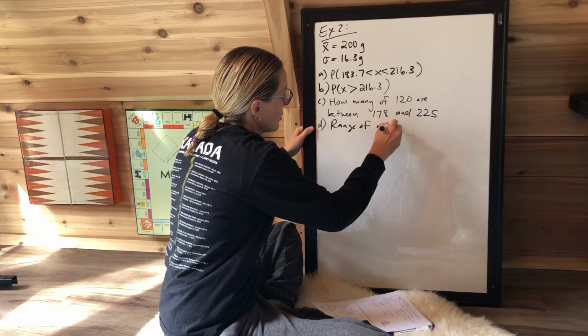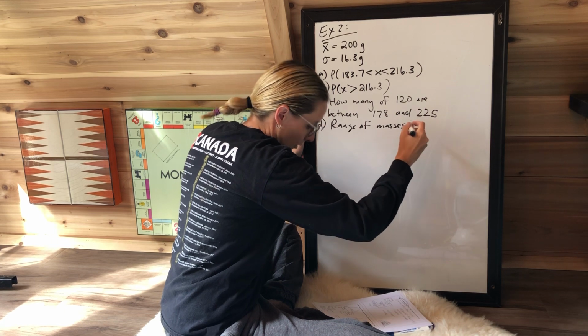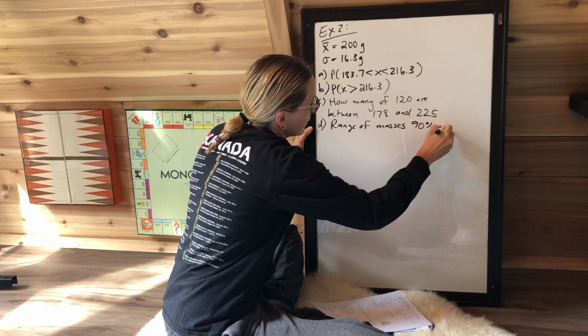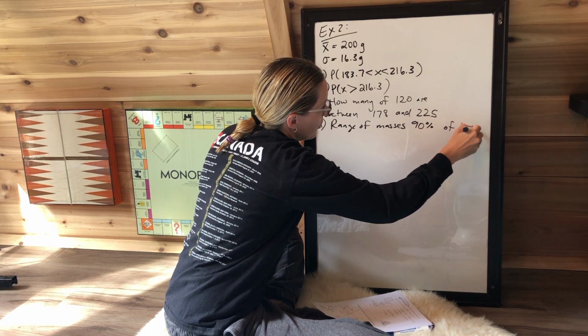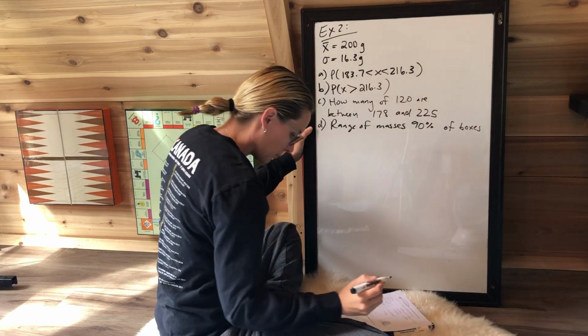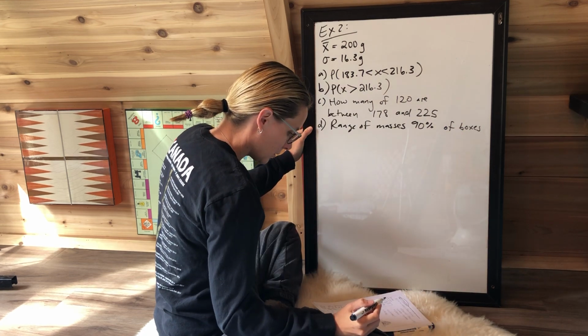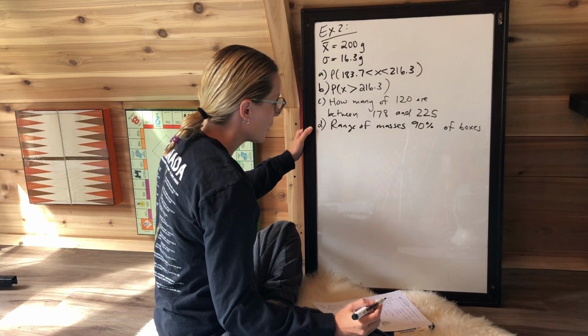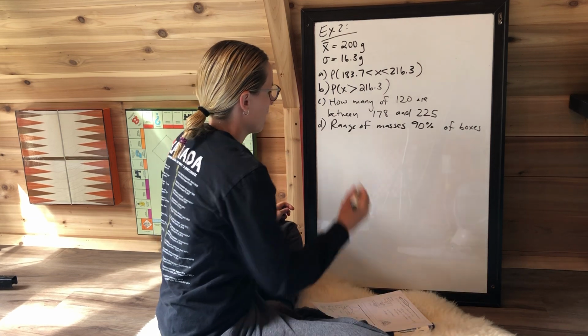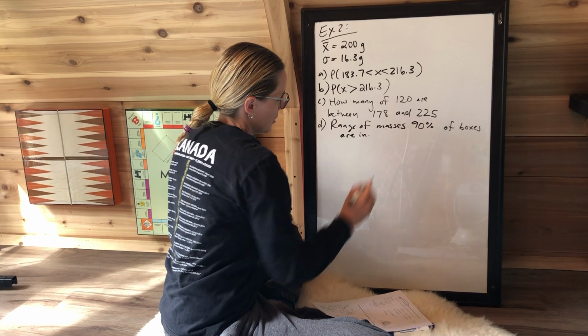So this is dealing with percentiles. So I talked a little bit about percentiles in the last one. Okay, so the range of boxes, 90% of masses are in.